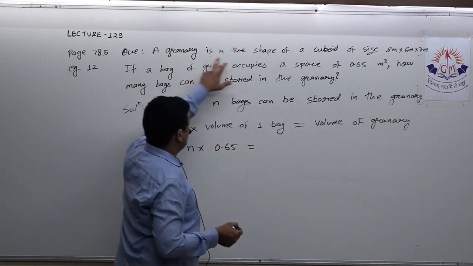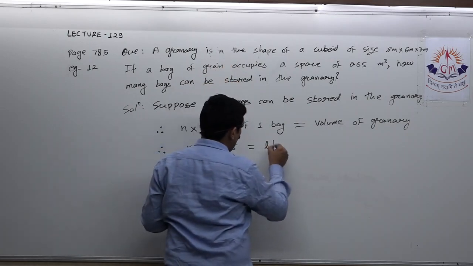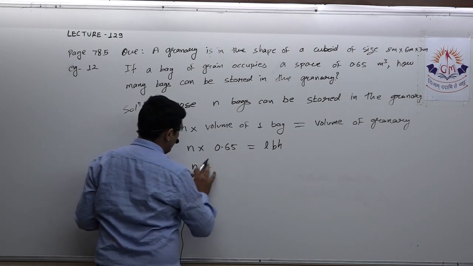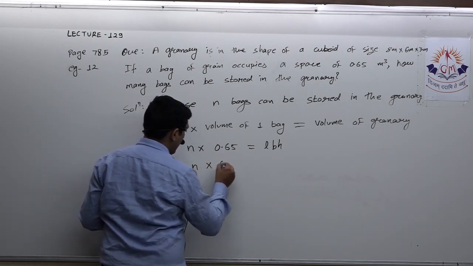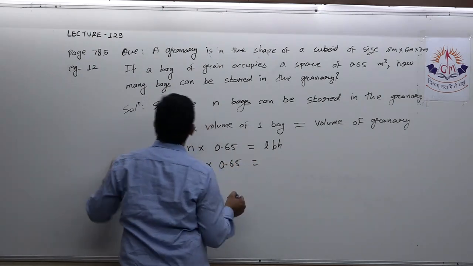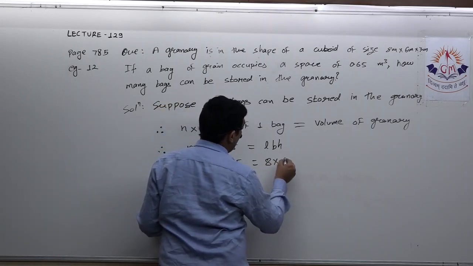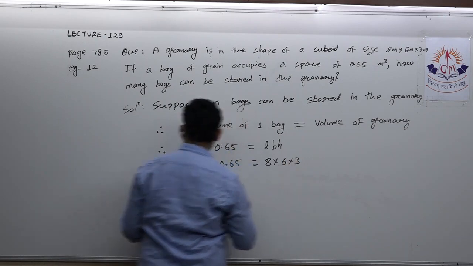Volume of granary, which is in the shape of a cuboid, is L B H. Therefore n multiplied by 0.65 is equal to L, B and H, that is 8 multiplied by 6 multiplied by 3.